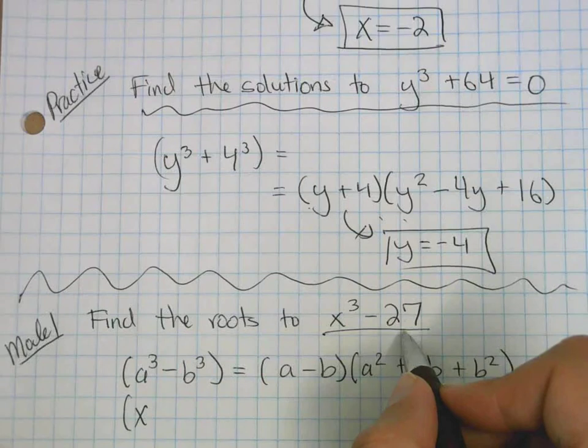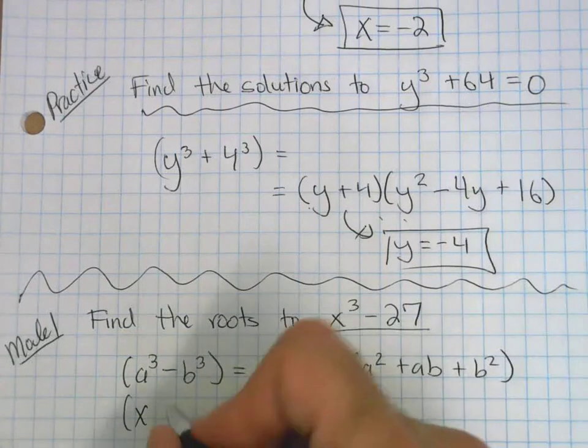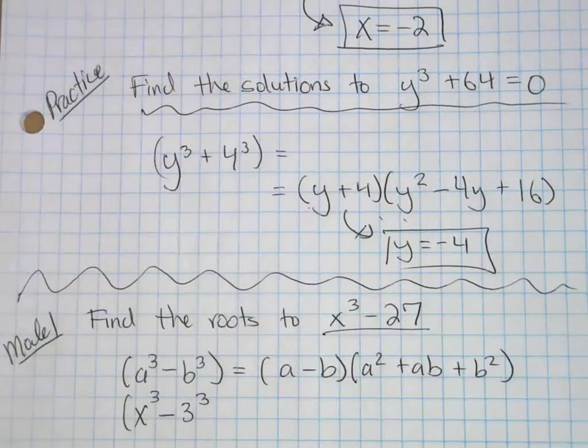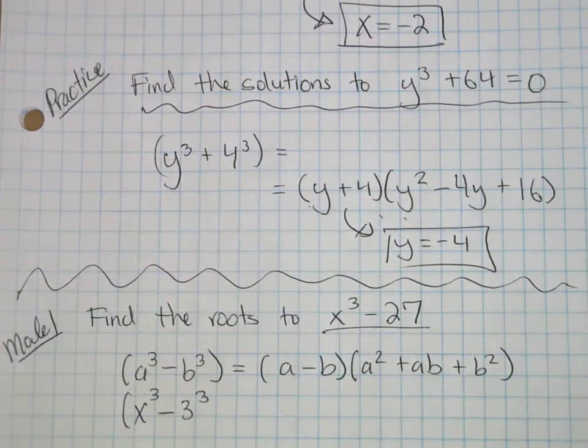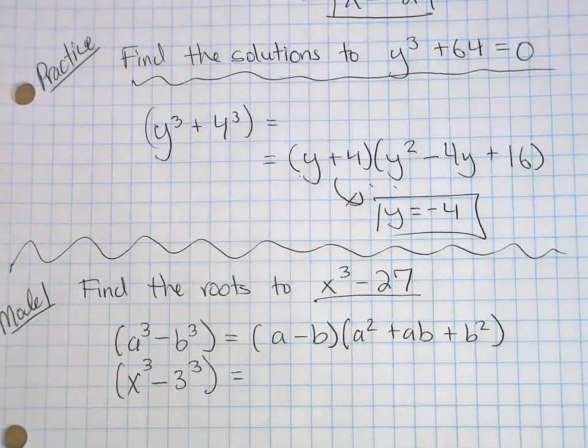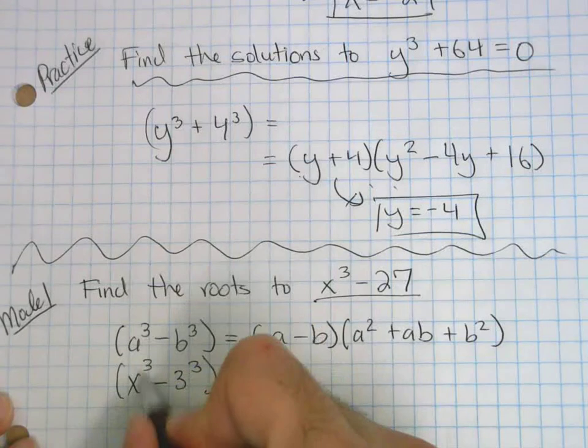How can I rewrite 27 as a cube? 3. Thank you. So 3 cubed. That's right. 3 cubed. And so now I'm going to plug this in. And remember, I'm saying x is a and 3 is b.